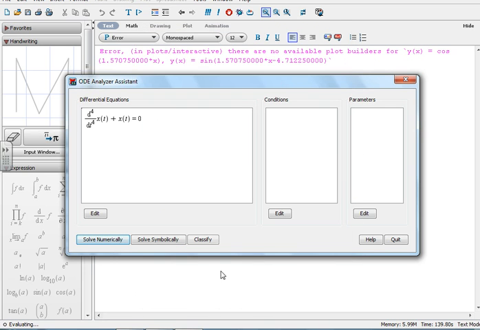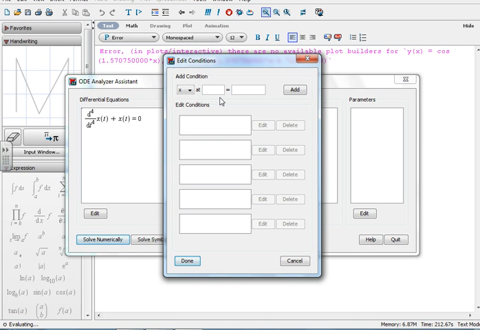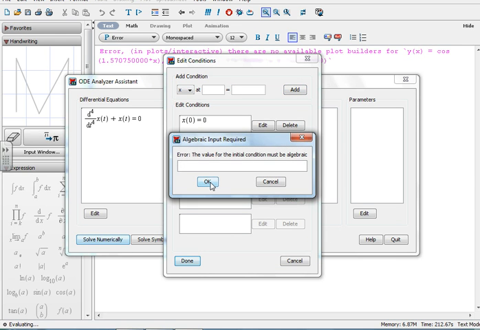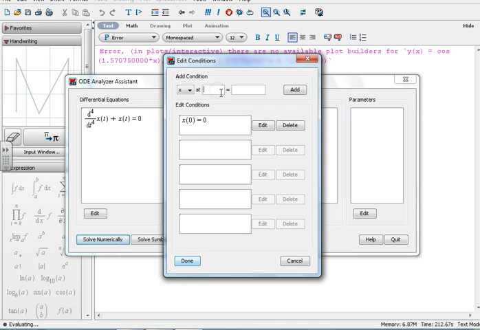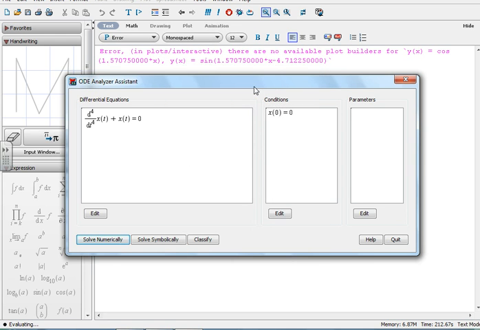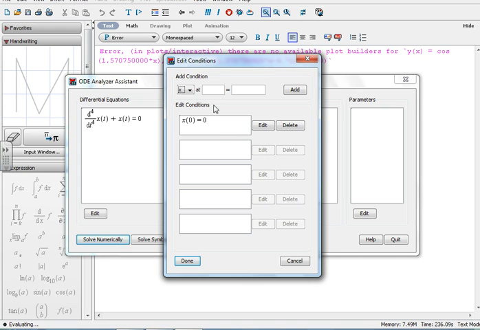Okay, that's good. And then my conditions are going to be x at 0 is 0, x prime at 0 is 0, add.